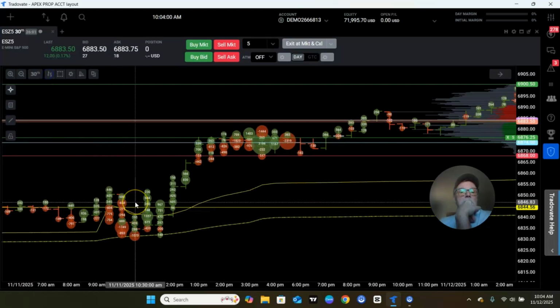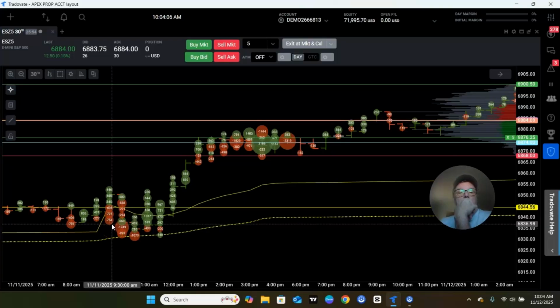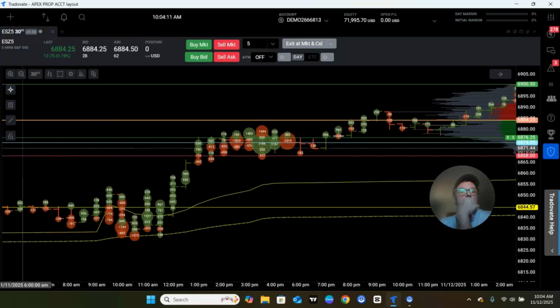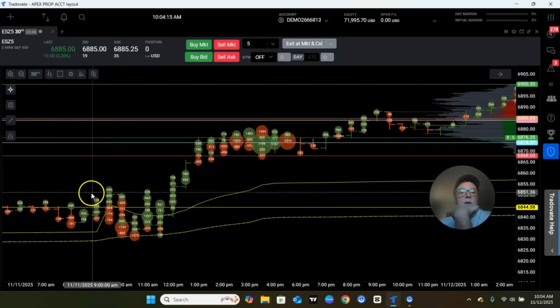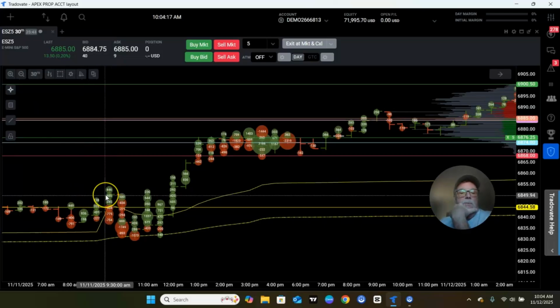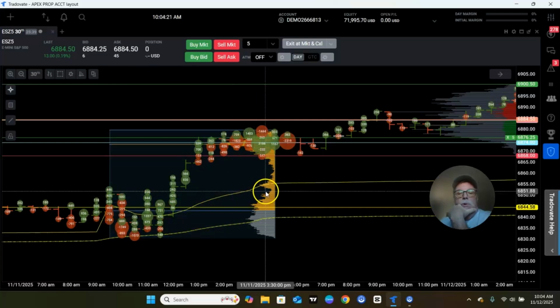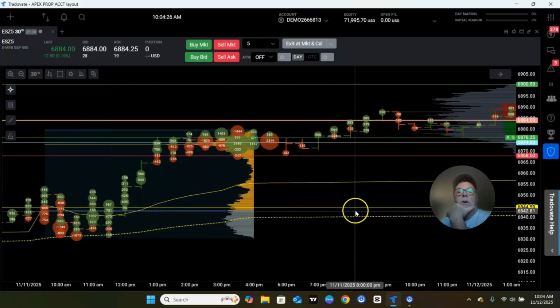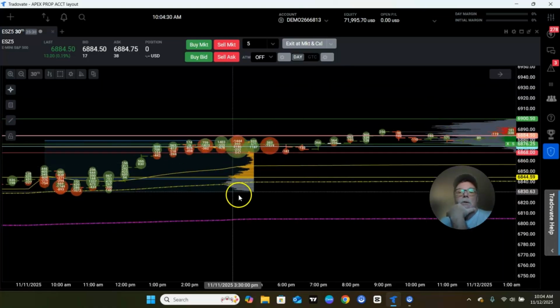It's just a horizontal line at 9:30. Horizontal line. We're going to do a volume profile from 9:30 when the market opened yesterday to 4 p.m. right here. There we go. That was yesterday's profile. Today we're up here. This is yesterday.